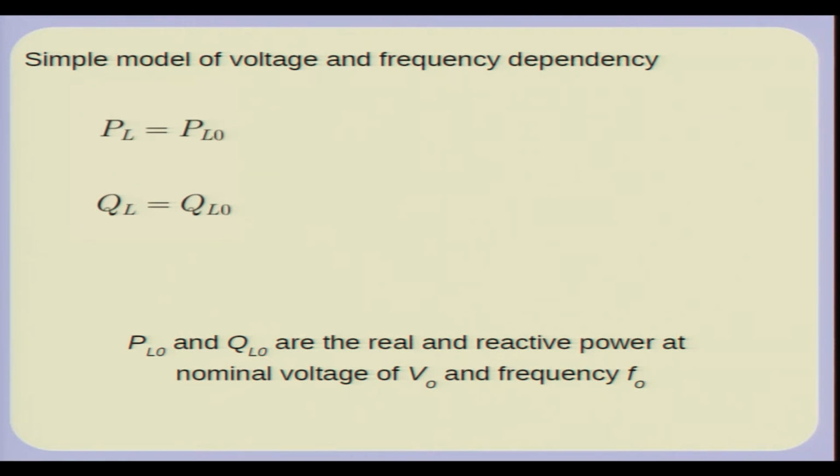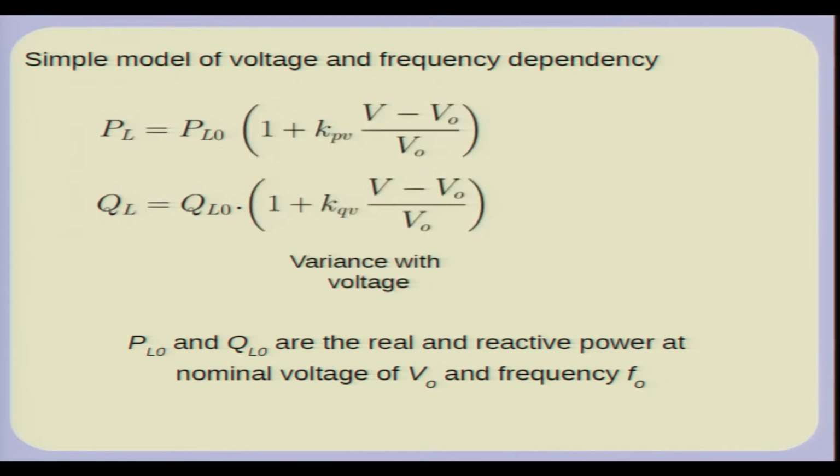For example, if you want to represent voltage dependence, one way of doing it is to represent that load by a small correction factor, which takes into account that the actual voltage at the bus may not be the nominal voltage, which is V naught. So, the change in power resulting due to change in voltage can be represented this way. This is an approximate representation of a load characteristic.